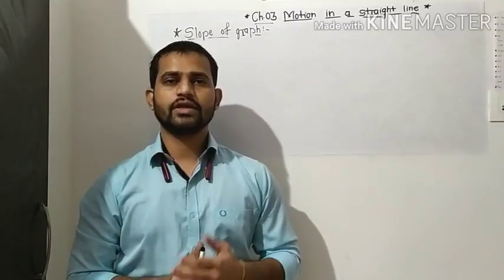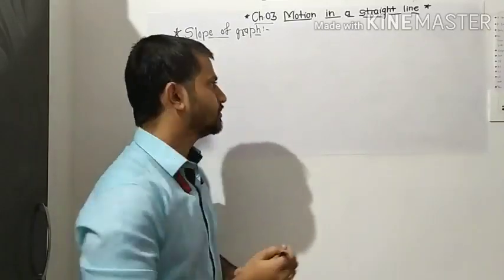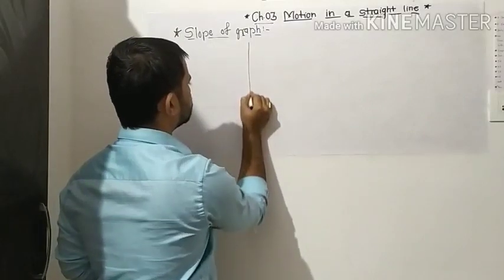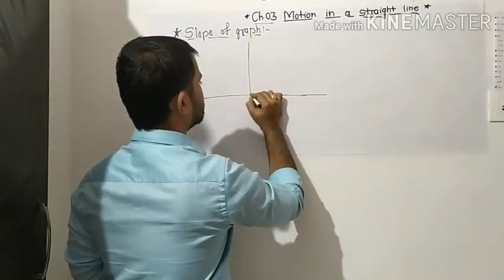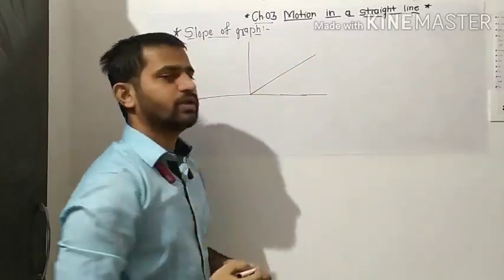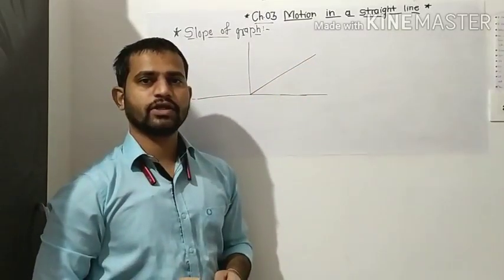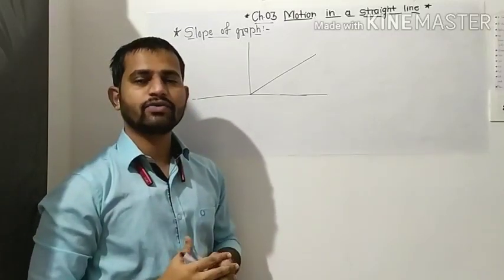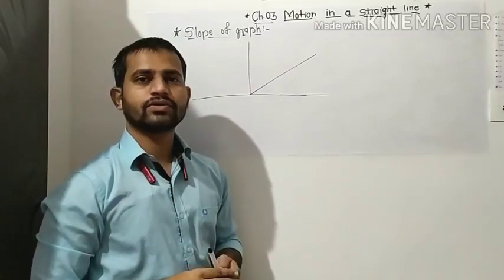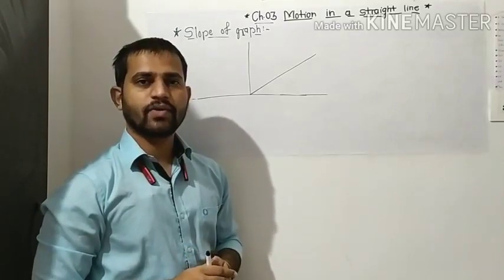Suppose we have one graph like this. If we have this line, how do we find out the slope of this line? For that purpose, we have to find out the angle, and to find the angle, we must know its x and y coordinates.